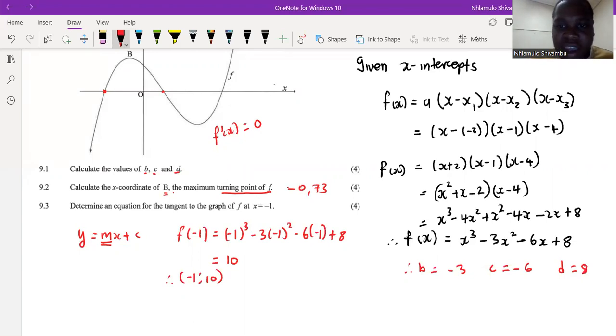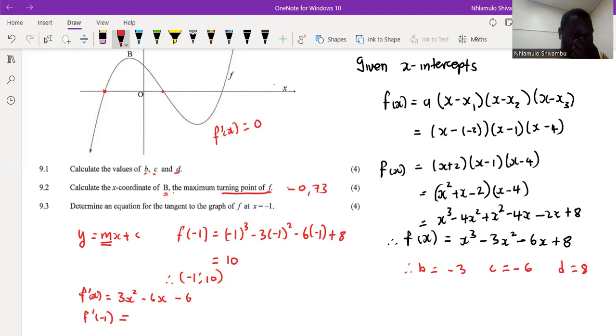The first derivative is the gradient of the curve at any point, which is 3x squared minus 6x minus 6. Now we're interested in the gradient of the curve at x equals minus 1.